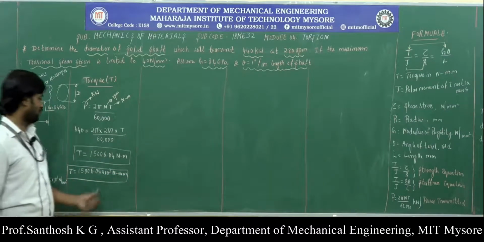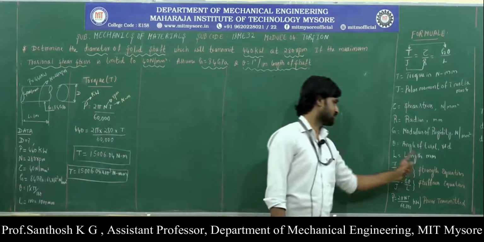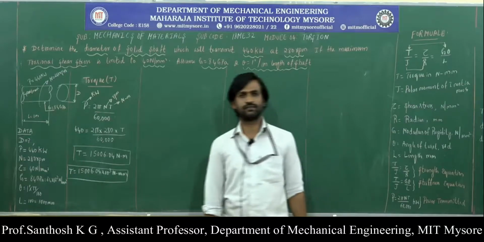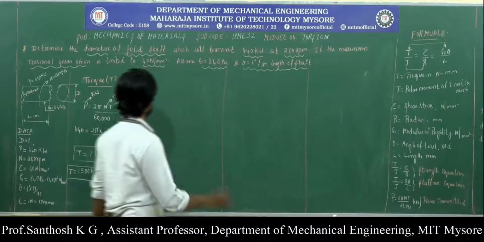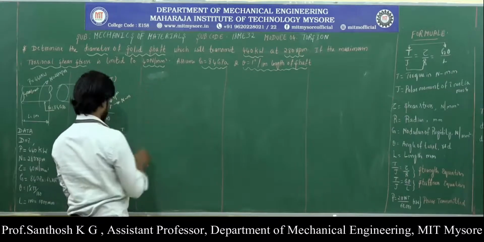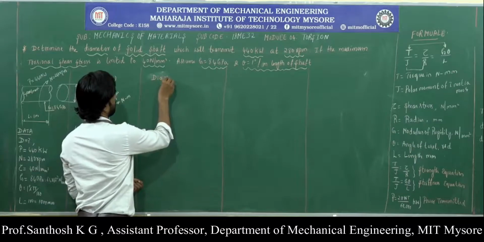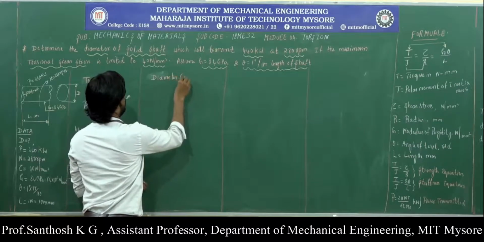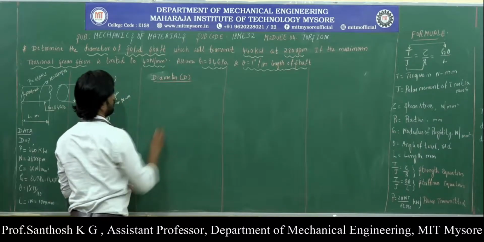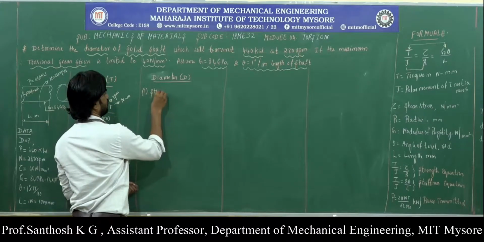Once you get the value of T, we can use the strength equation and the stiffness equation to find the diameter. So let us find the diameter. In order to find the diameter, first I am going to use the strength equation.